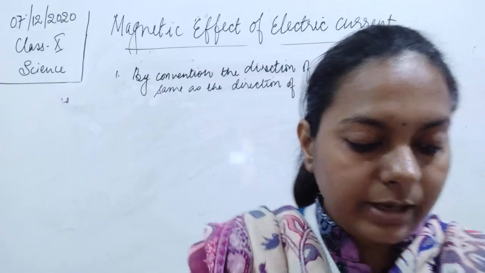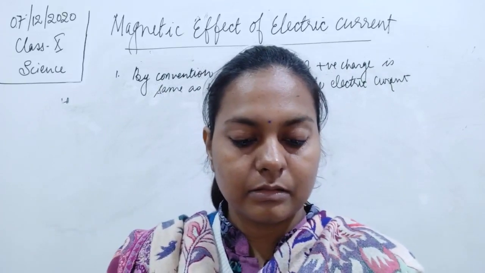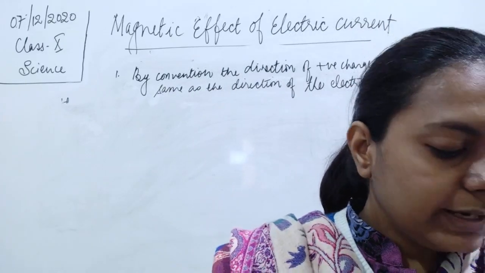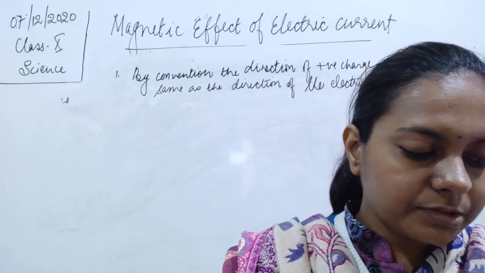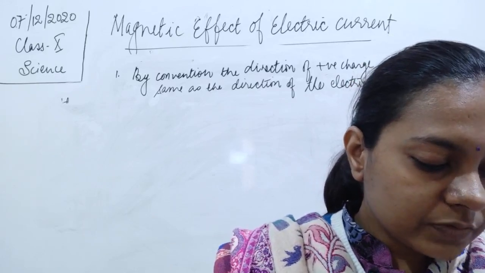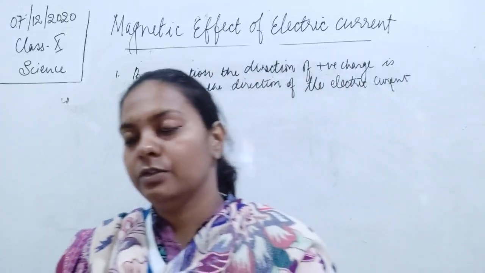Now the second point is the direction of the current is however taken opposite to the flow of the negative charges. So if we have to give the direction of the flow of electrons, then the direction of the electric current will be taken opposite to the direction of the flow of electrons.